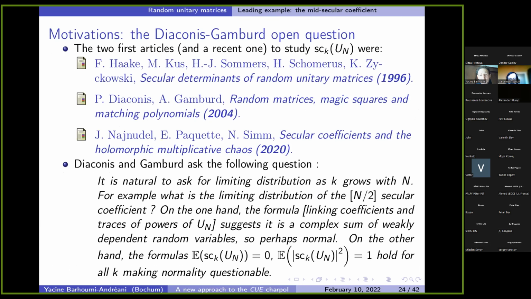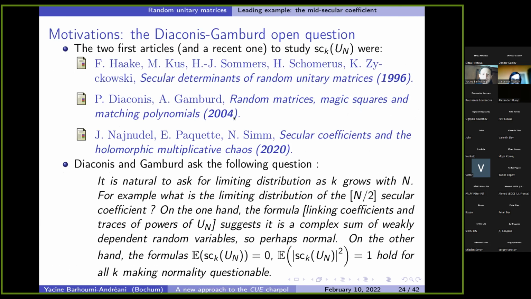There were already several studies concerning these secular coefficients. The first article was by Haake, Kus, Sommers, Schomerus, and Zyczkowski, and it was related to quantum chaos, some quantum computations.